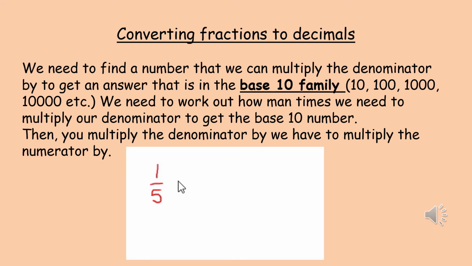I'm going to give you an example at the bottom here. So at this point, what you should be doing is writing this up in your maths book, and I'm going to show you an example of a fraction that needs to be converted or changed so that we can change it or convert it to a decimal.